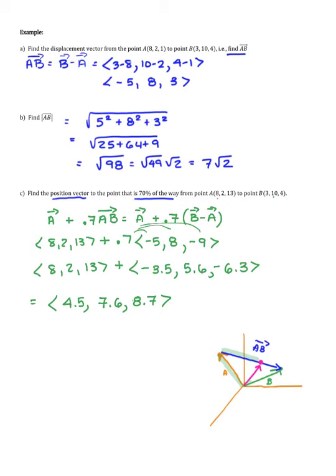Actually, I'm sorry, this is our position vector because it is coming out of the origin. So it is the position vector that takes you 70% of the way along the vector from A to B. And that's really nothing new. It's really just adding another layer, another dimension to what we've been doing.